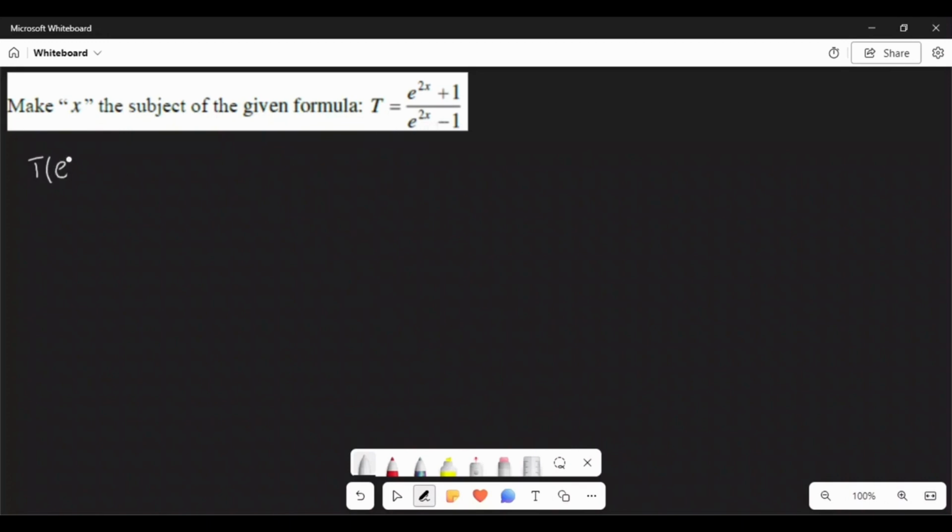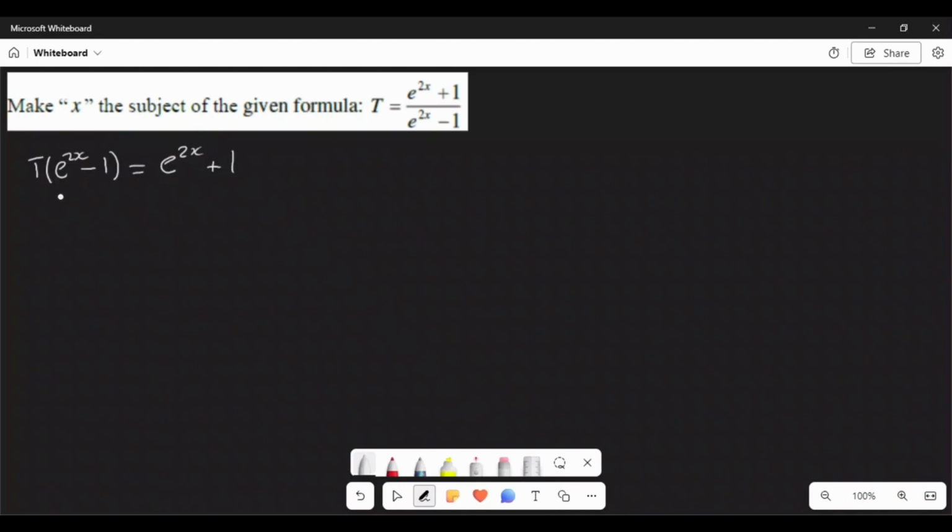So you cross multiply here, it's going to be e to the power of 2x minus 1. You have to know that t is divided by 1, so you also do the cross multiplication, which is going to be the same as the numerator on the right hand side, plus 1. So it's going to be e to the power of 2x plus 1. So this is actually how you do it.